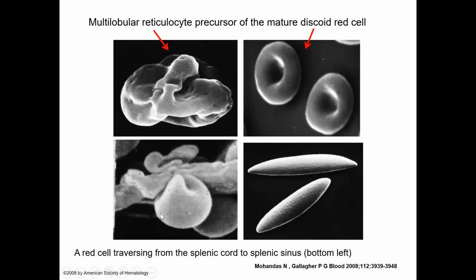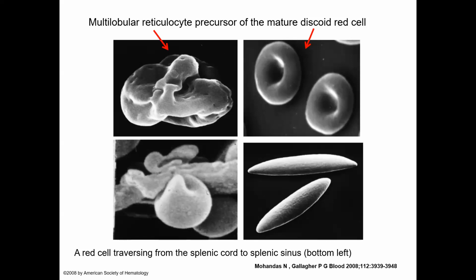At the bottom left, you can see a red cell, and in the spleen, the red cell has to traverse splenic cords. These are the gaps in the microvasculature in the spleen. So that means the gaps between the endothelial cells of these vessels are very, very small.